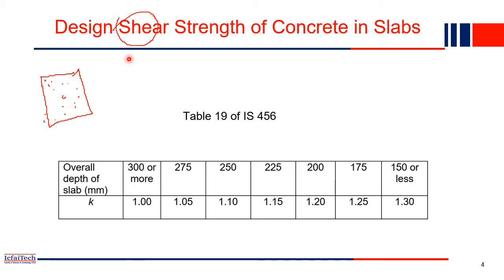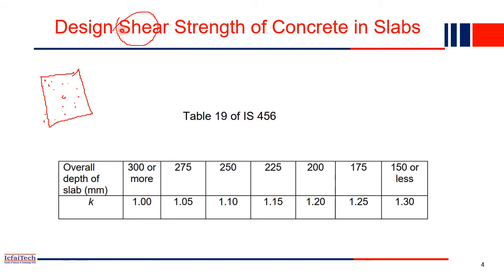Because the shear stress on a slab is very low compared to a beam. In a beam, the width is less, whereas a slab has a very wide area. That's why the shear stress on a slab is negligible compared to beams.